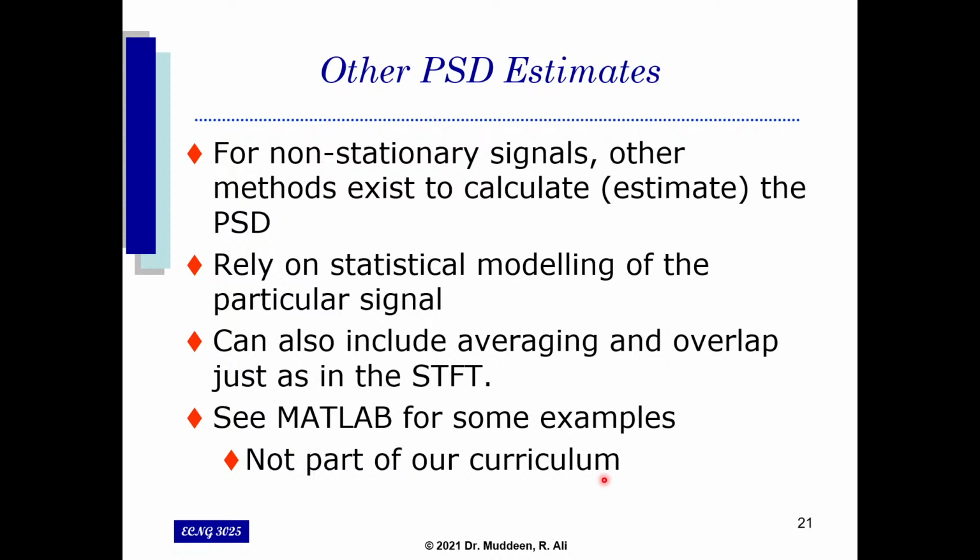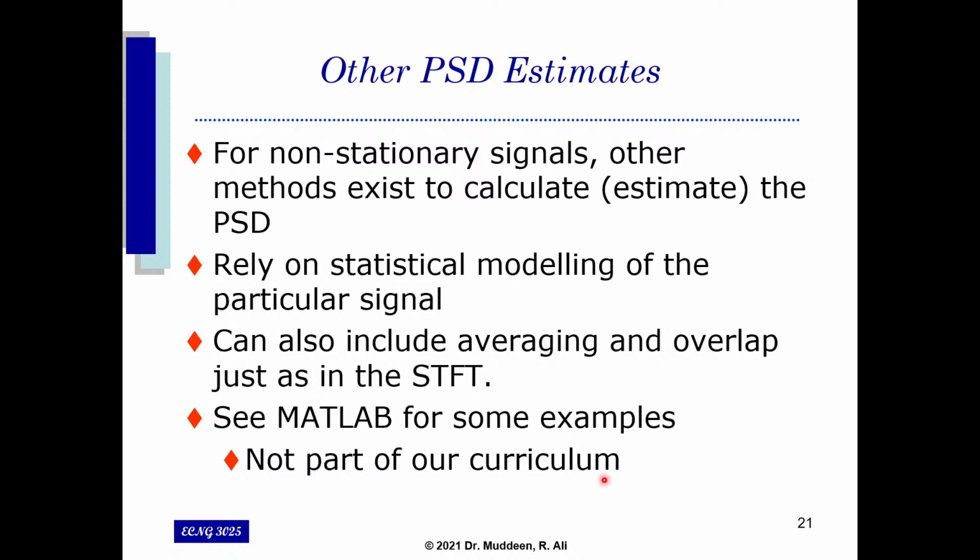So power spectral density, as we observed it here, works for stationary signals. For non-stationary signals, there are other methods to calculate the power spectral density, but we're not going to be focusing on that in particular because those mathematical formulas tend to be a little bit complex in nature.